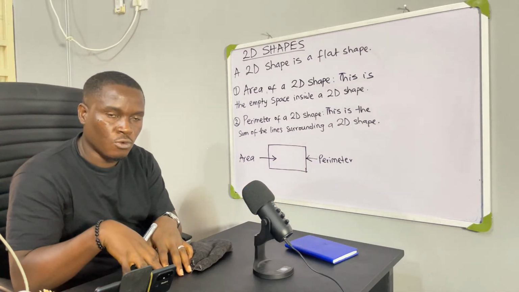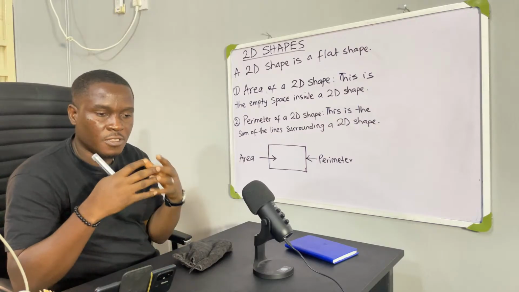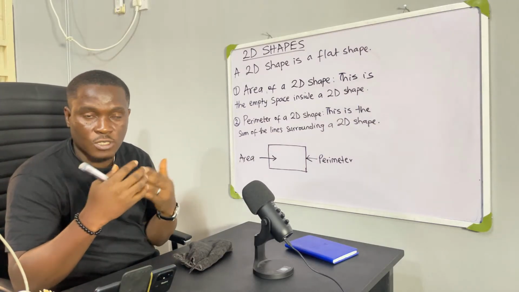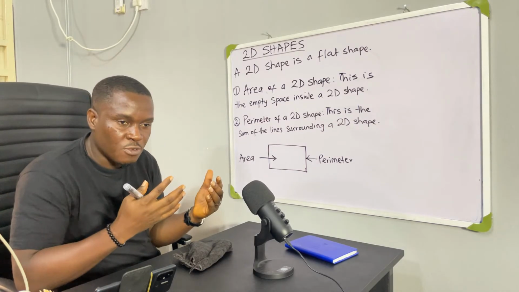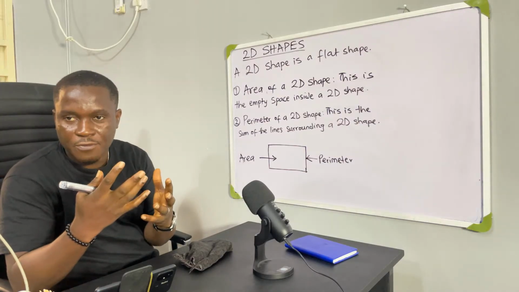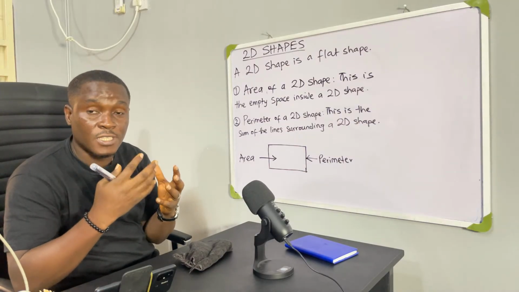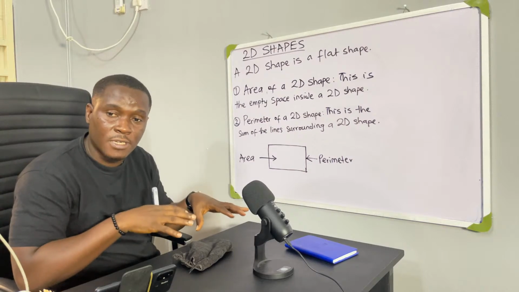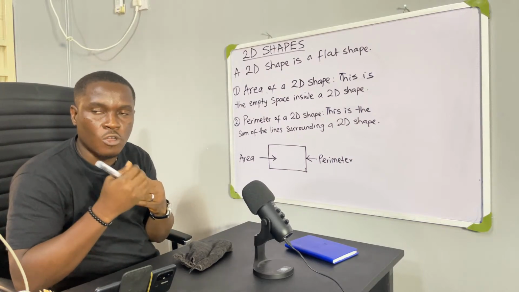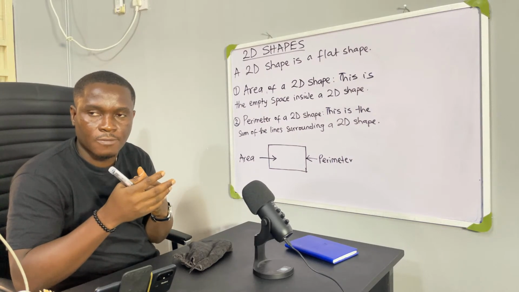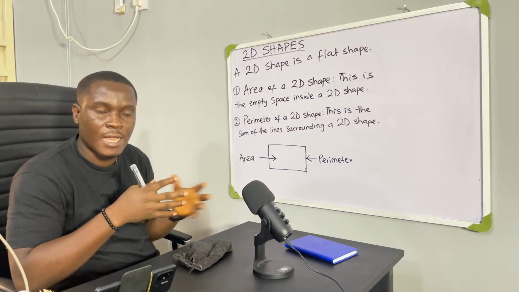So you need to observe as we go along. We're going to see those kinds of questions. Are they asking you for area? Are they asking for perimeter? Because in some cases, especially in arithmetic reasoning, you might not see the word area or perimeter, but they might be asking for them.